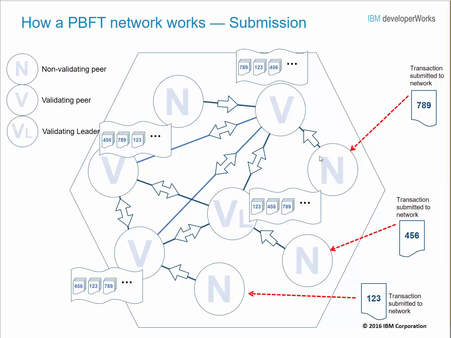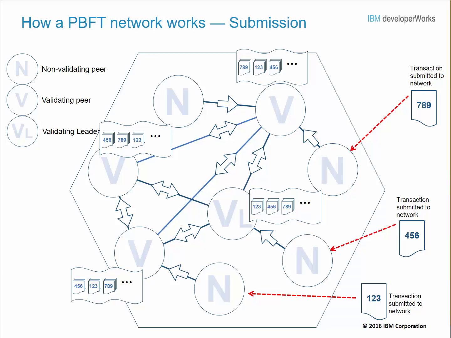The non-validating peer runs the REST services that external applications will connect to. So they will actually construct the transactions and then forward them to a connected validating peer. The non-validating peers also host the event streams so that external applications can monitor and react to specific events.